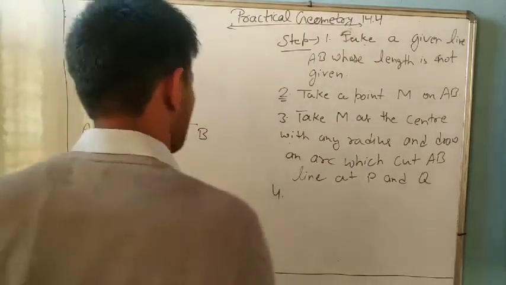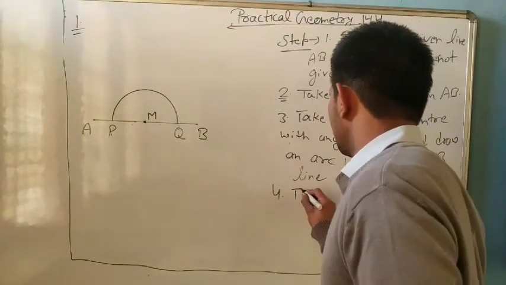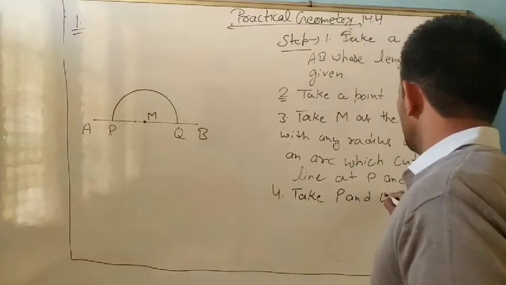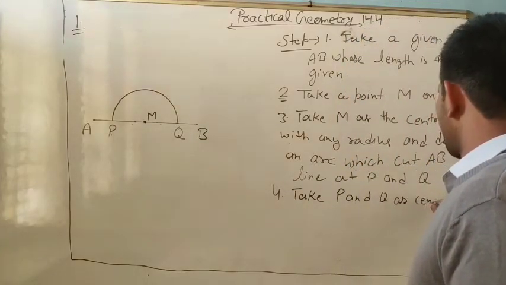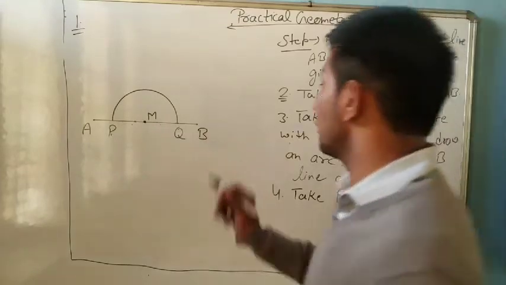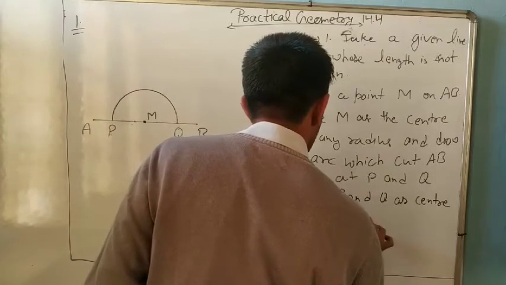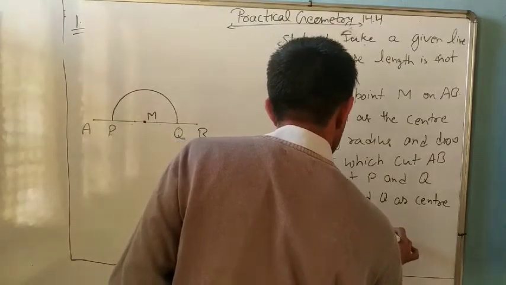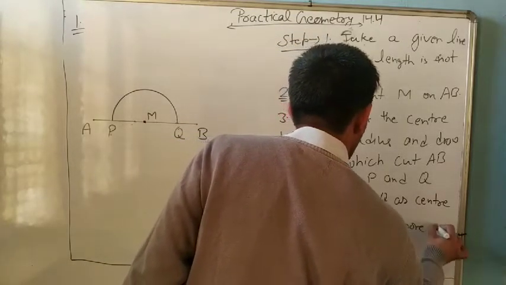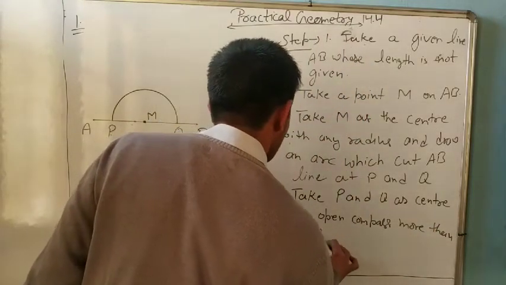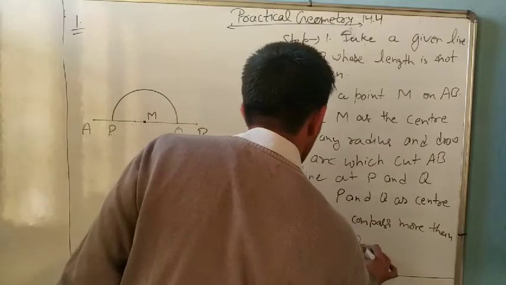In the fourth step, take P and Q as centers and open the compass more than PM or QM.